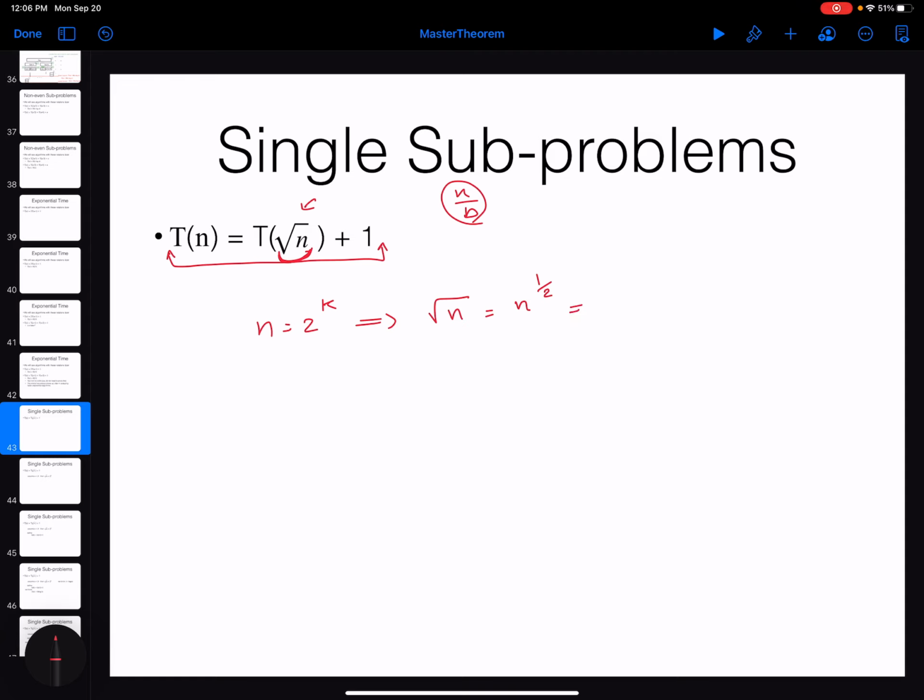So if I write it in terms of k, it would be 2 to the power of k divided by 2. If I wanted to write T of n in terms of k, it would look like this.